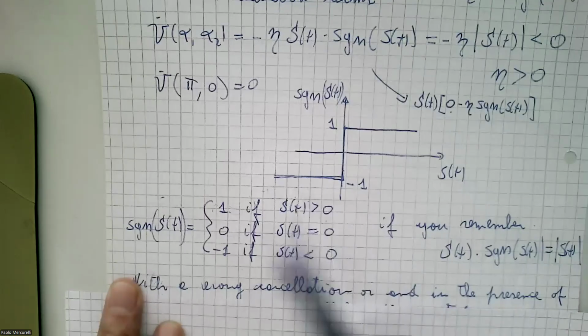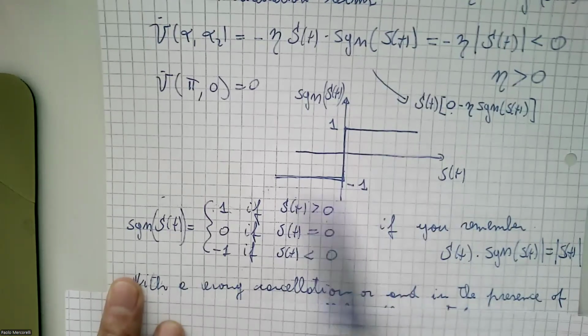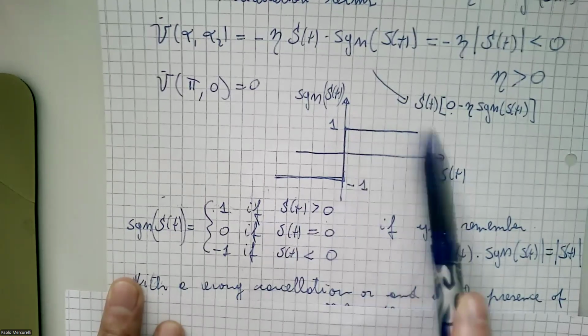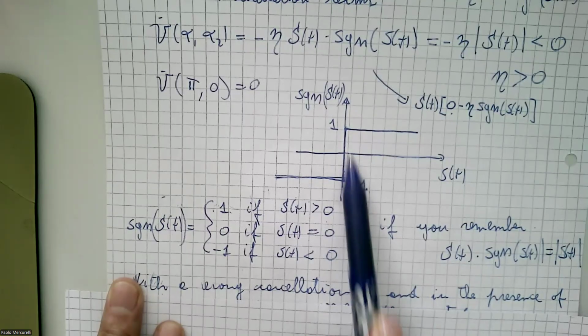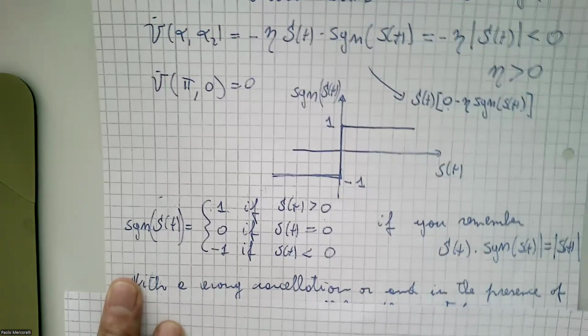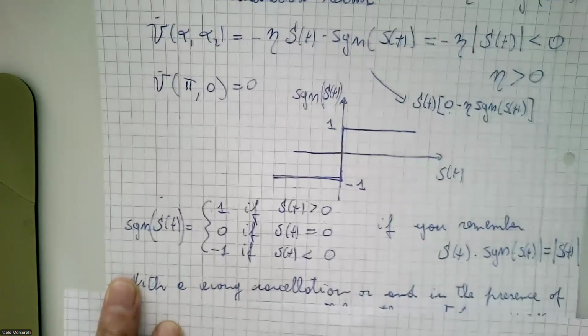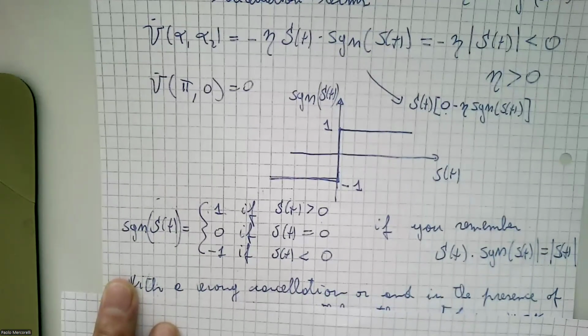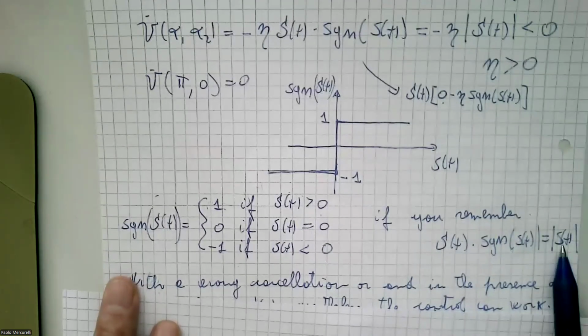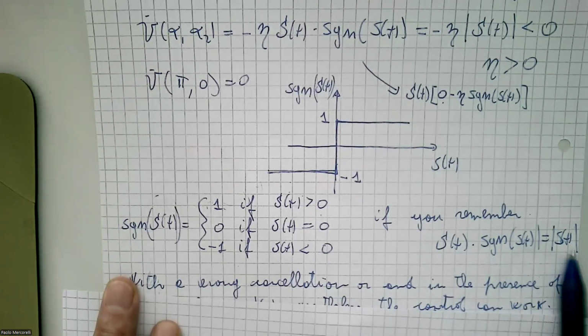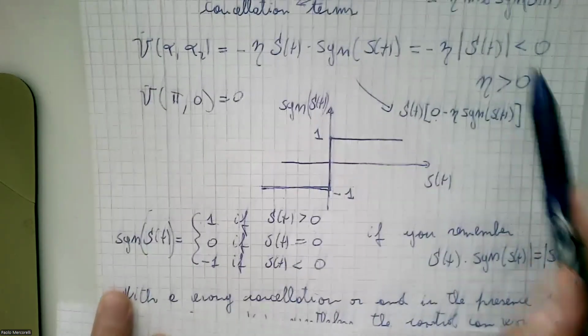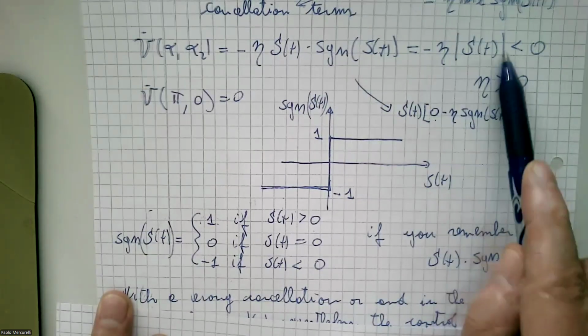If you remember, this is a sigmoid function. It can be represented in this form. But if you remember, x multiplied by SGN of x is the absolute value of x. In our case, our x is S of t. Therefore, I told you that if eta is positive, we are always negative.